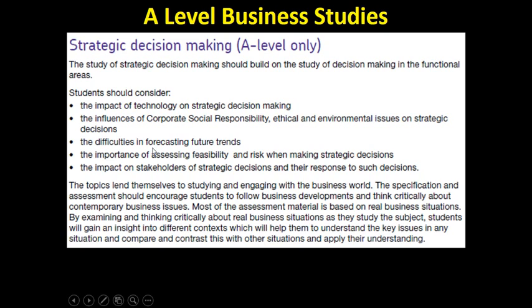We're always going to have difficulty in forecasting future trends. This can form some evaluation: we've got all these projections about what's going to happen, but how accurate are our projections? We're going to look at the feasibility and risk of different strategic decisions, and we should also consider the impact of strategic decisions on stakeholders.